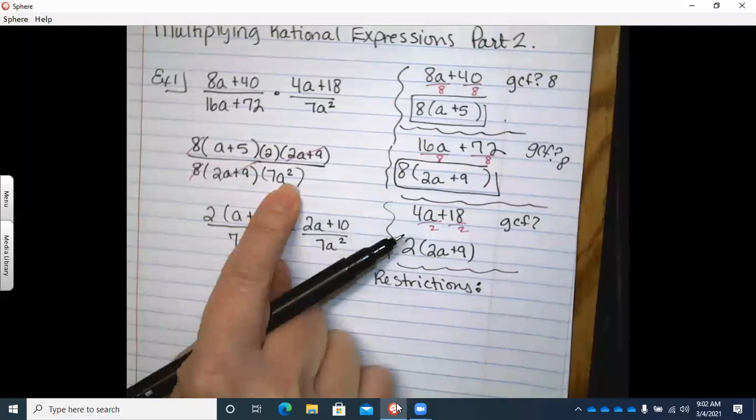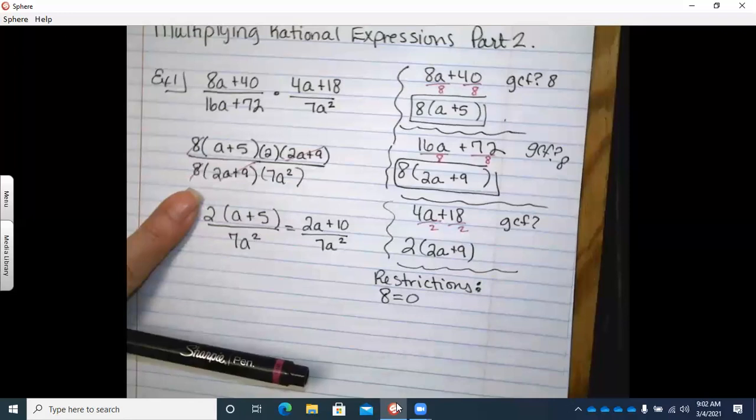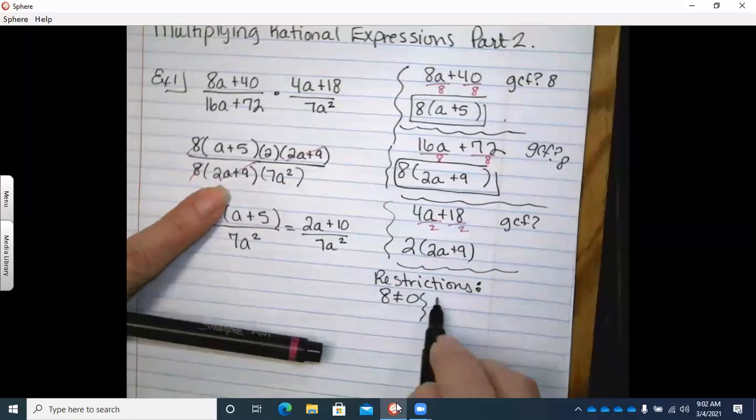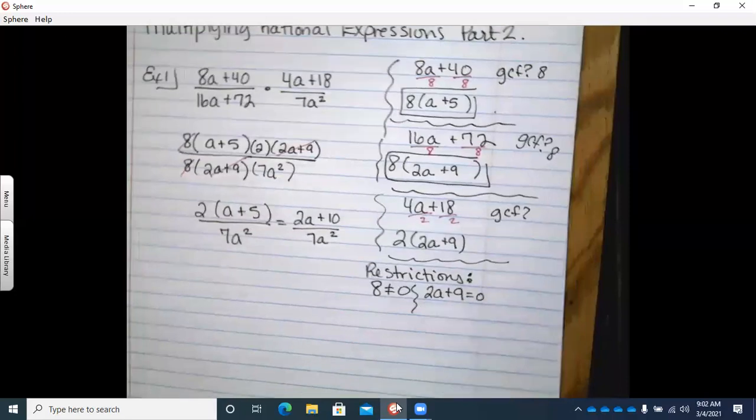Let's start with 8. Can 8 equal 0? No. If there's no variable, you don't get a restriction. So I'm not going to get a restriction from 8. There's nothing to plug in for a variable, right? 2a plus 9 has a variable, so I'll get a restriction from that. Set it equal to 0.